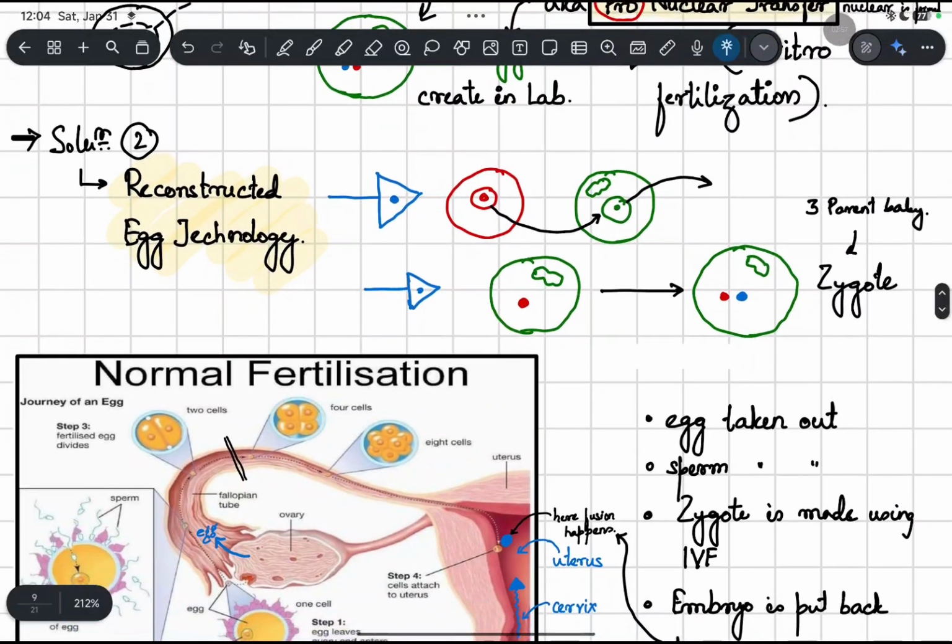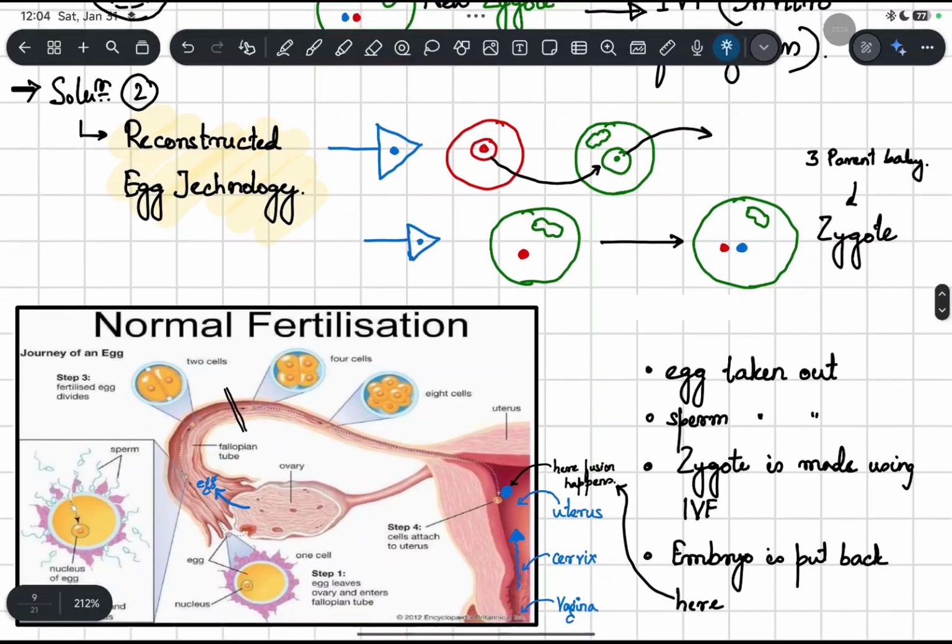Here again a donor egg is identified, and right at the beginning the nucleus of the donor is replaced by the nucleus of the mother.